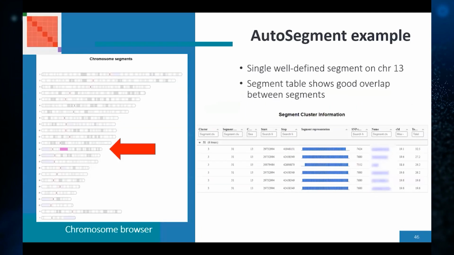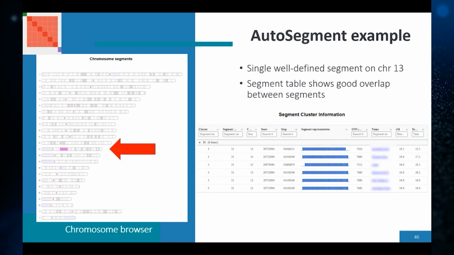If you click on that in the table underneath, you will get information about the chromosome, where on the chromosome this segment is located, and you can see that it is located on chromosome 13. It's one segment, and if you then go down, you come into a table which shows you which segments are linked to this particular cluster. So this is one segment cluster containing 6 segments.